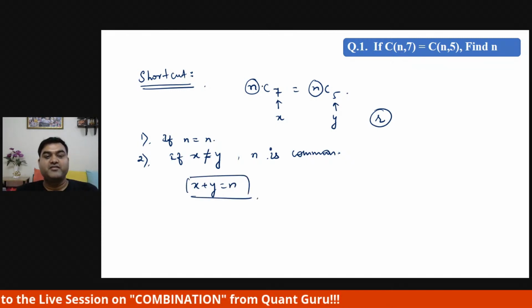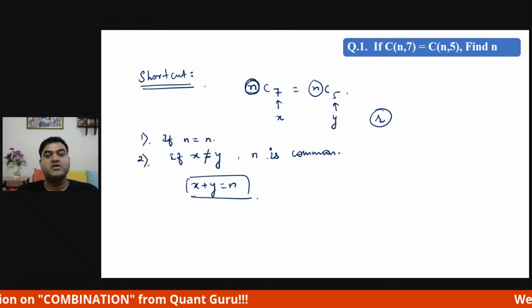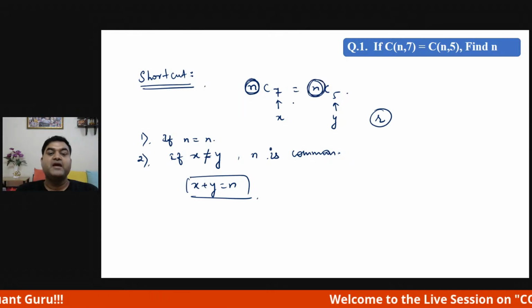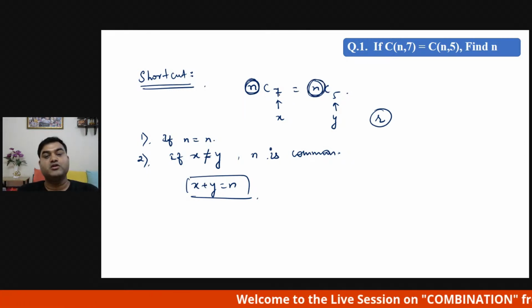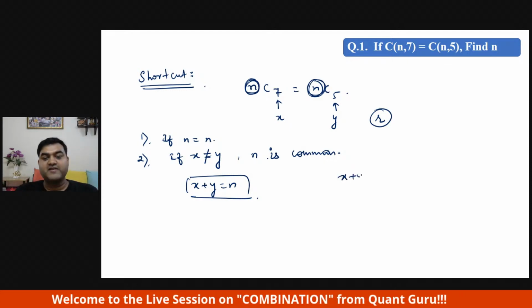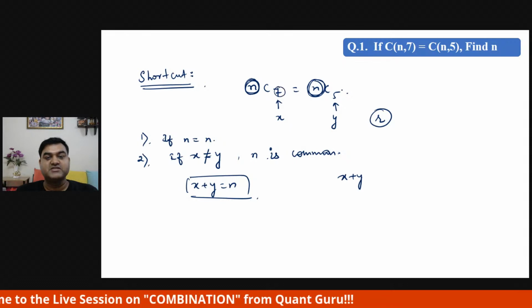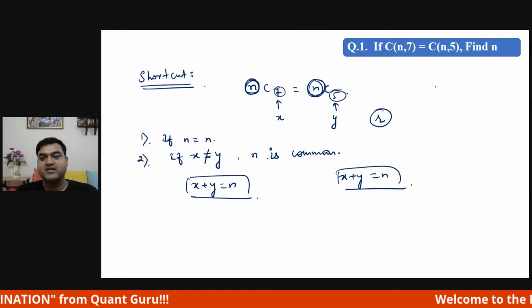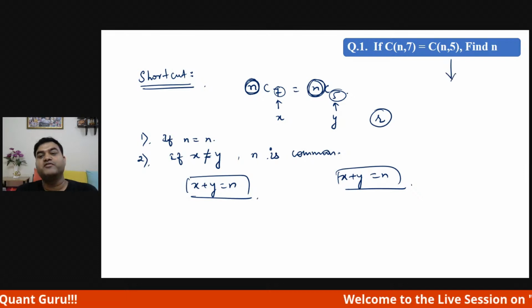Always, whenever the n value is the same in any permutation or combination and the r value is changing, you remember always that x plus y, the sum of this plus this, will be equal to n. Okay, so having seen that, let's try to find the value of n in this question.